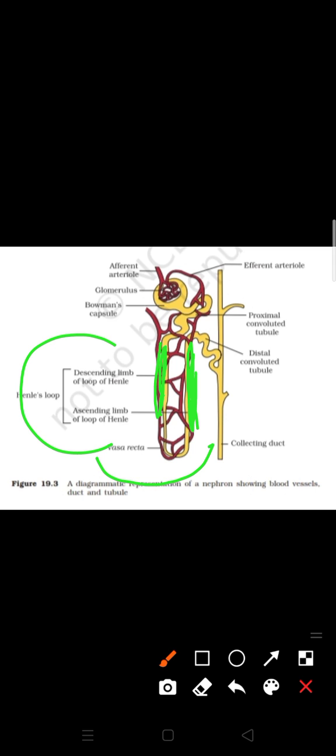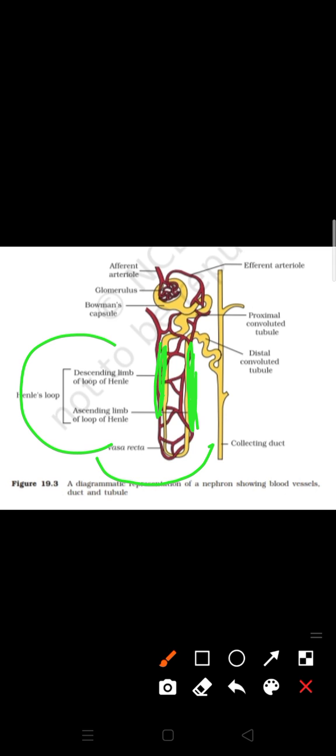The loop of Henle is long in mammals and birds. Why? Because they secrete hypertonic urine. It is absent in other vertebrates like reptiles. Cuboidal epithelium is present in the descending limb and squamous epithelium in the ascending limb. Which one is in the descending limb?